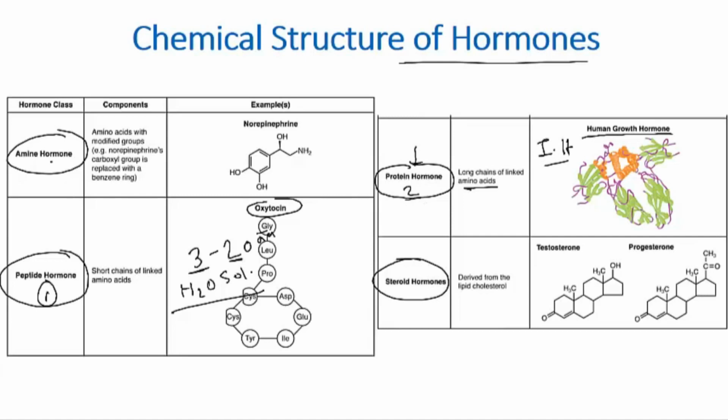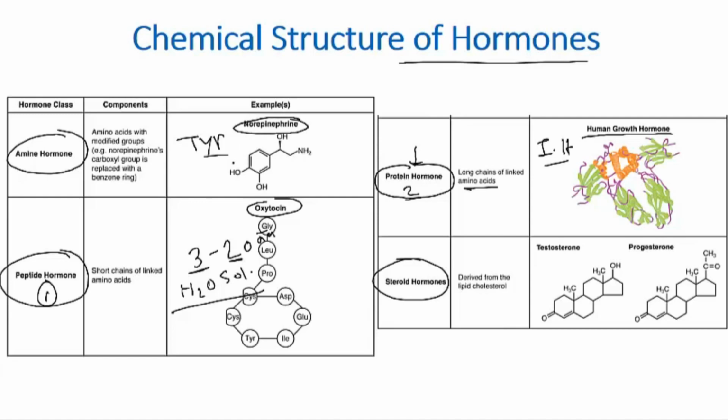The second type is amine hormones. They contain an amino acid, and this amino acid that is present here is tyrosine in most cases. So for example, the catecholamines epinephrine, norepinephrine and dopamine, they all are water soluble. One example shown here is norepinephrine. It is also water soluble.